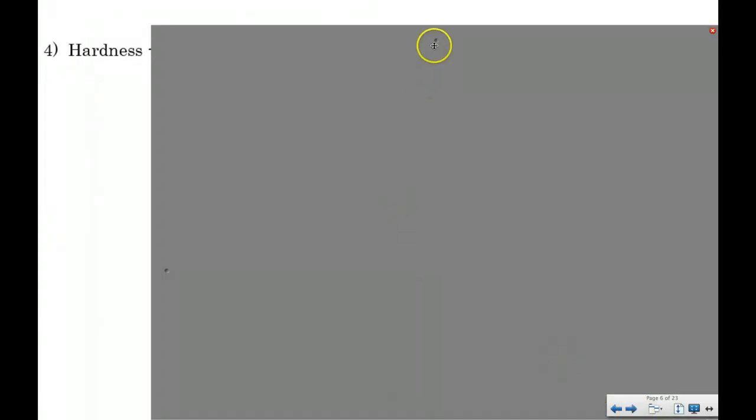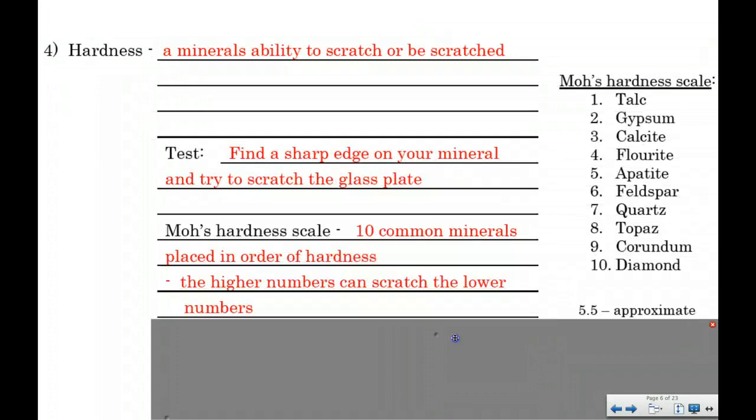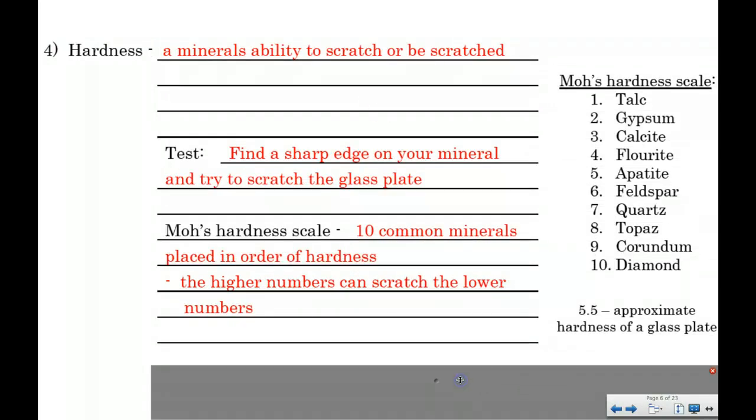All right. Hardness is another characteristic of minerals. It's the ability to be scratched. What you will do is take an edge of your mineral and try to scratch a glass plate. If it scratches the glass plate, it means that mineral is harder than the glass plate.